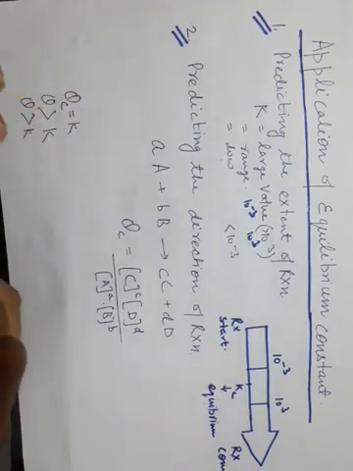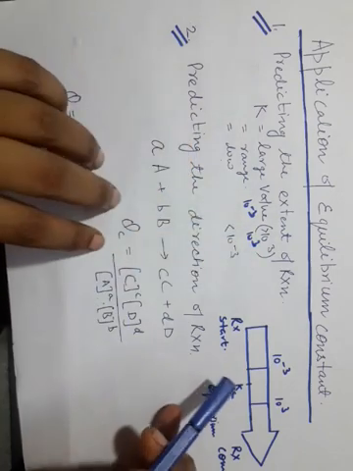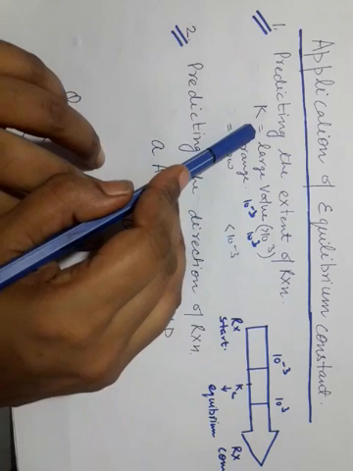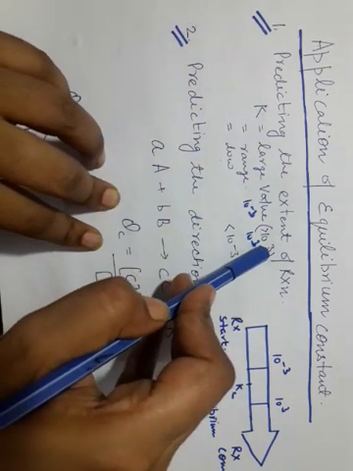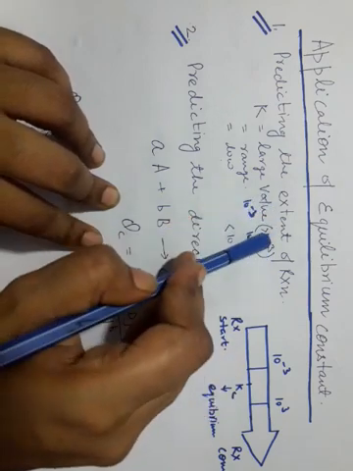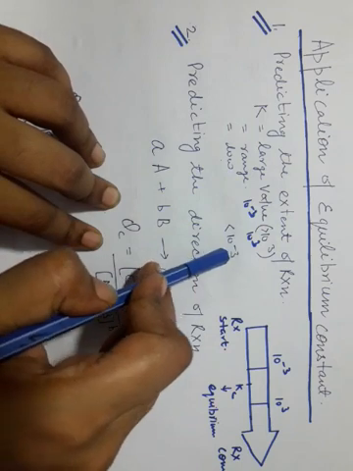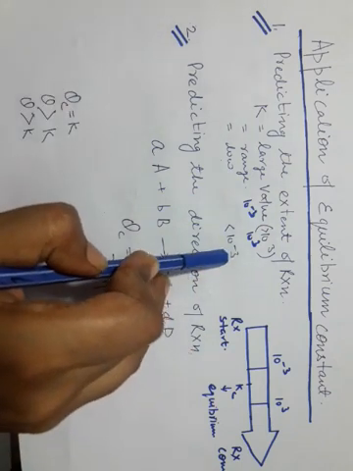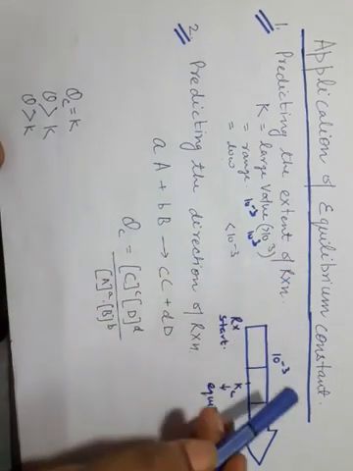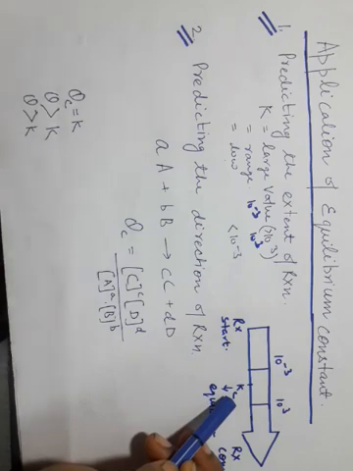If the value is in the range of 10 to the power minus 3 to 10 to the power 3, the reaction is in equilibrium state. If the value of K is larger than 10 to the power 3, then the reaction favors the forward direction. If the value of K is less than 10 to the power minus 3, the reaction favors the backward direction. So by calculating the value of K, we can find out the direction of reaction.